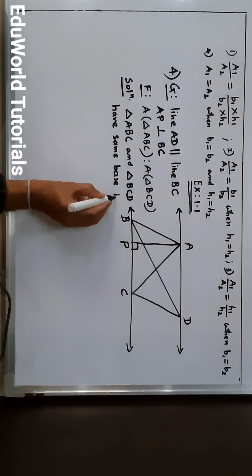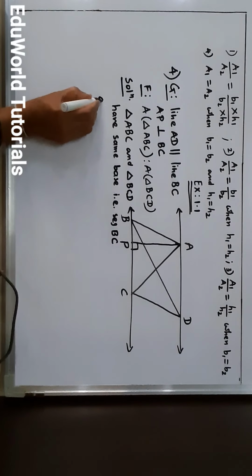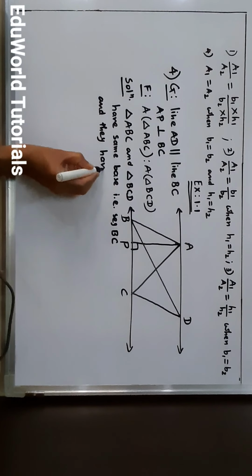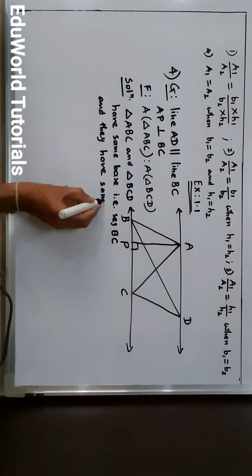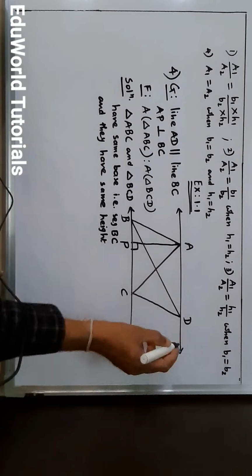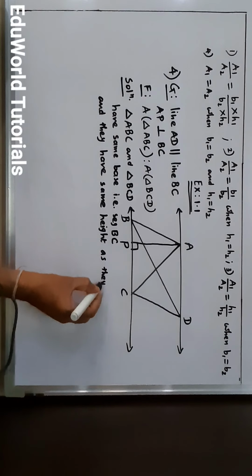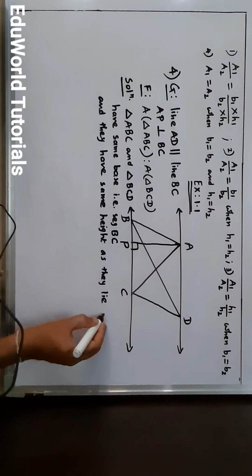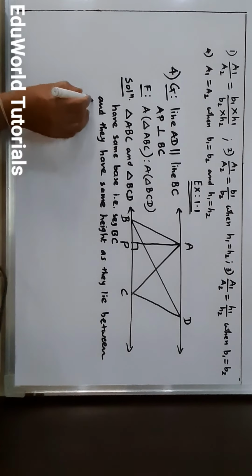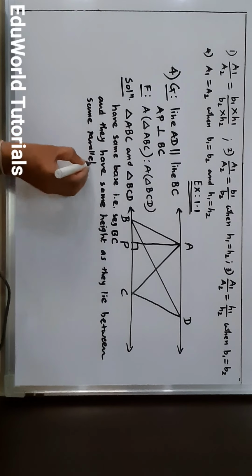We have to mention that it is segment BC, and they have the same height. Why do they have the same height? Because they lie between the same parallel lines.